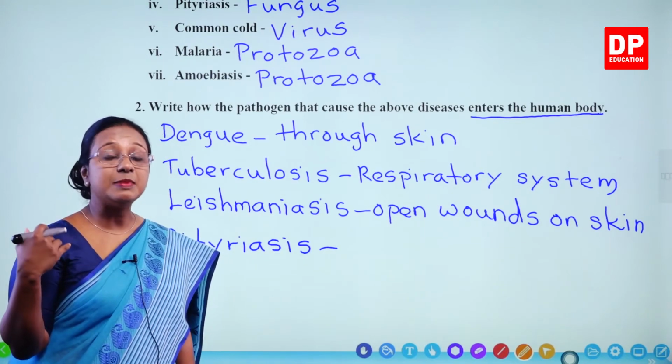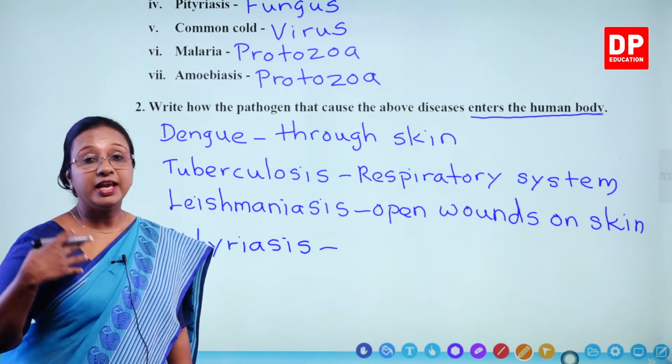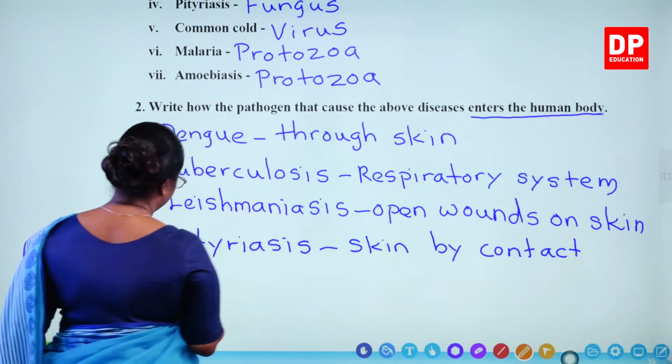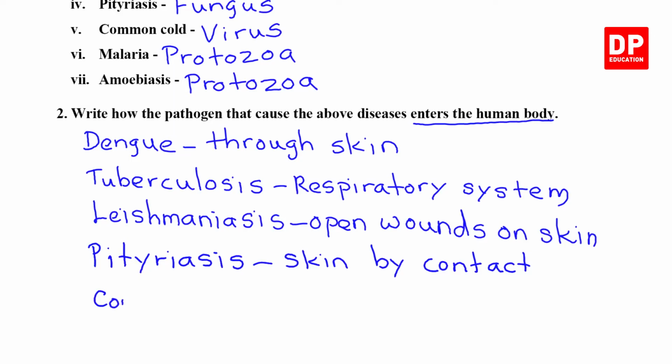Pityriasis enters by contact. So again through skin. Skin by contact. Then the next one, common cold. Again through respiratory system.